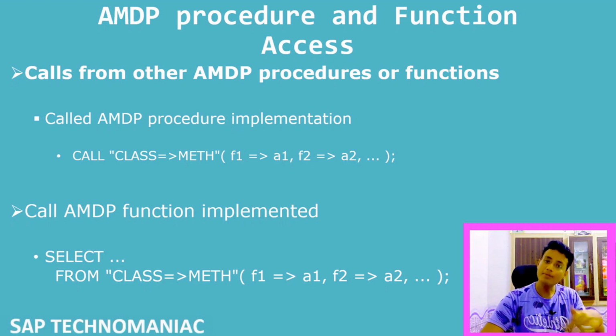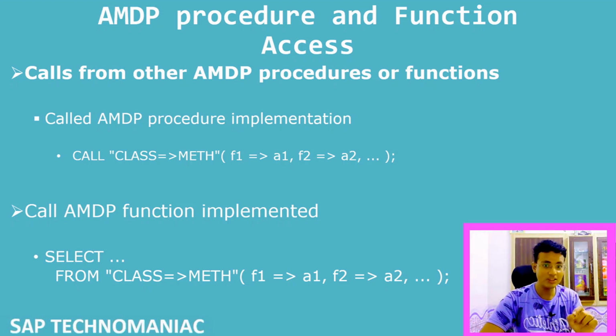But second, if you want to call AMDP procedures and functions from within an AMDP procedure or function itself, how can you call another AMDP procedure or function? A recursive call is not possible in AMDP procedures and functions. But to call another one, the syntax is simple: you write it in the SQL script code.